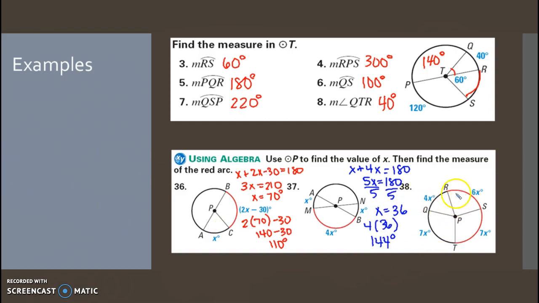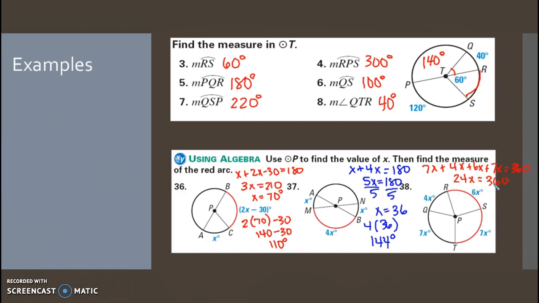And then we're back over here. I want to find this big arc here, right? And I know that all of these added up together have to equal 360. So we have 7x plus 4x plus 6x plus 7x equals 360. So 7 and 4 and 6 and 7 is going to be 24x.